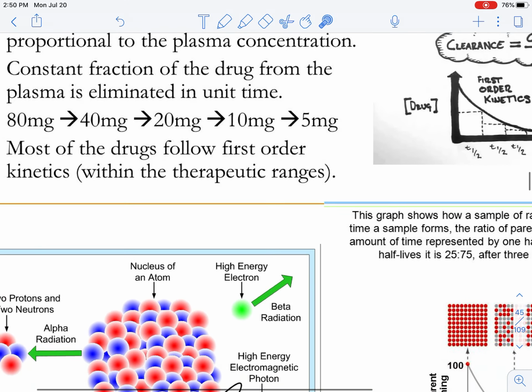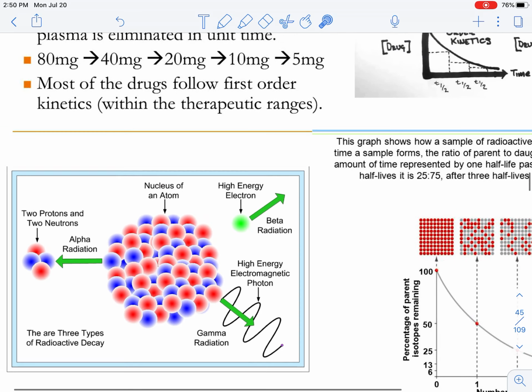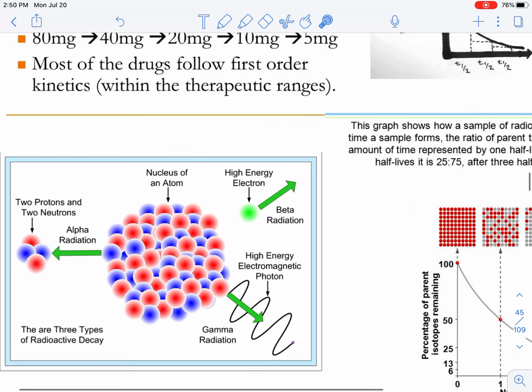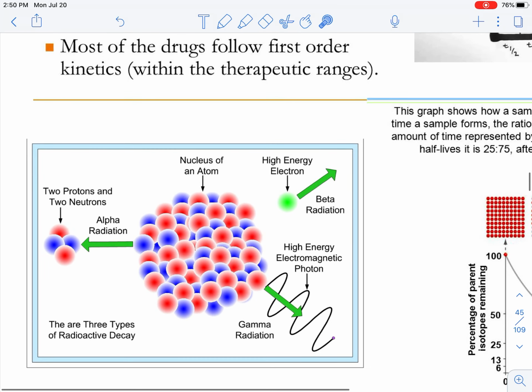Another example of a reaction that undergoes first order kinetics is the decay of radioactive isotopes.